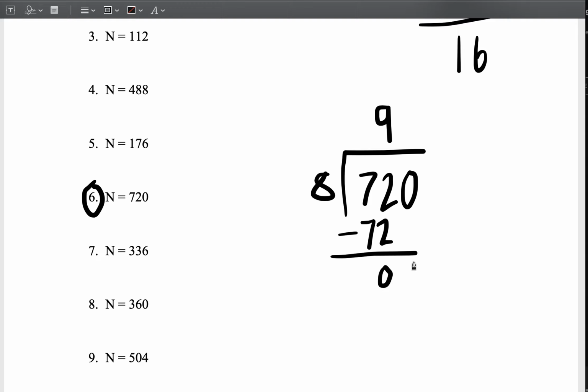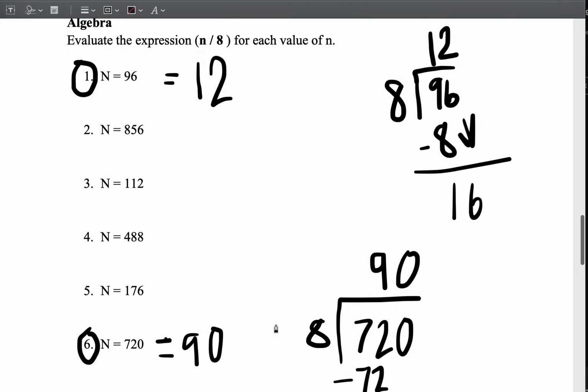Bring down the 0, and we know that 8 goes into 0 zero times, right? So just add a 0 on the top. So the answer to this one is 90. Okay. This one's pretty easy, just basically divide.